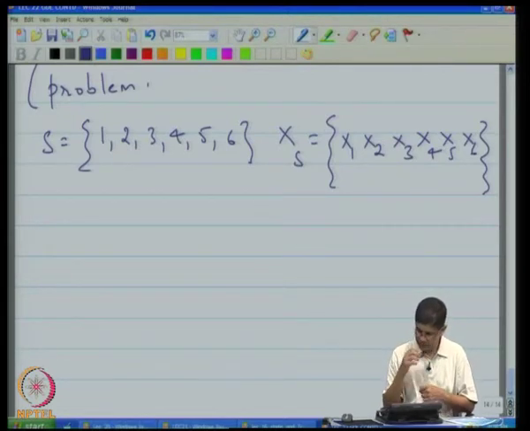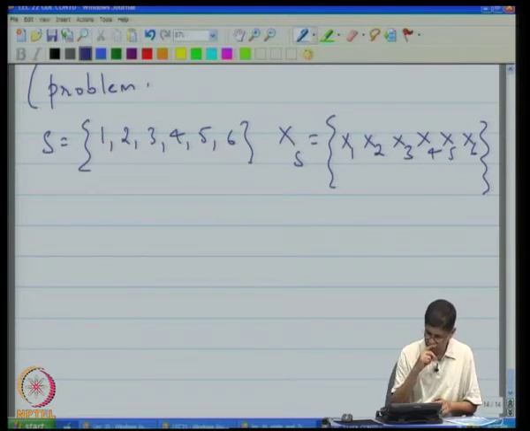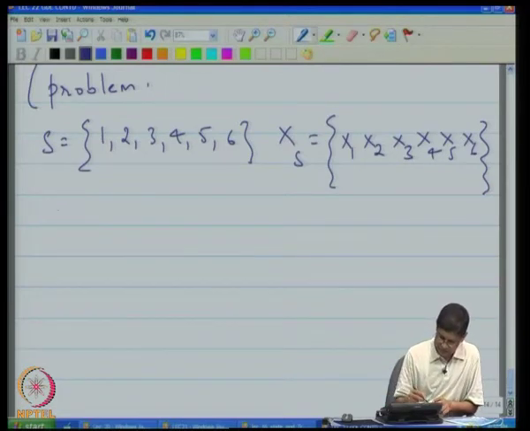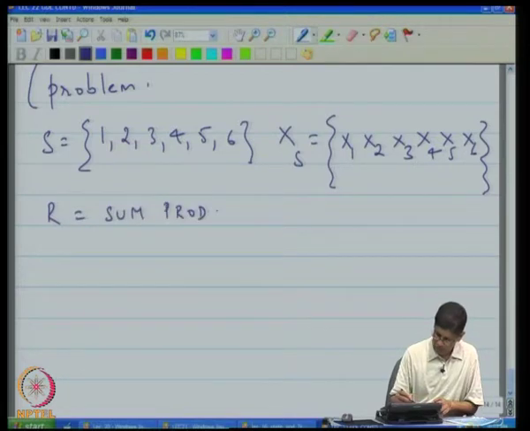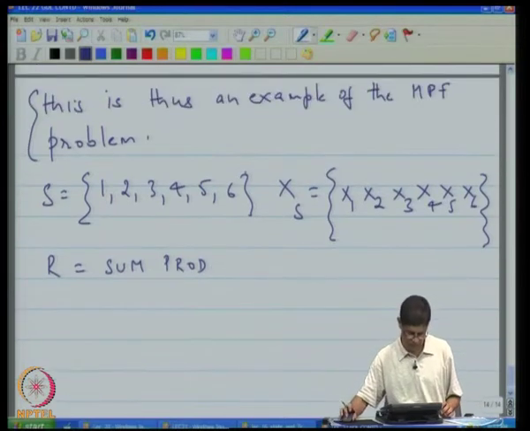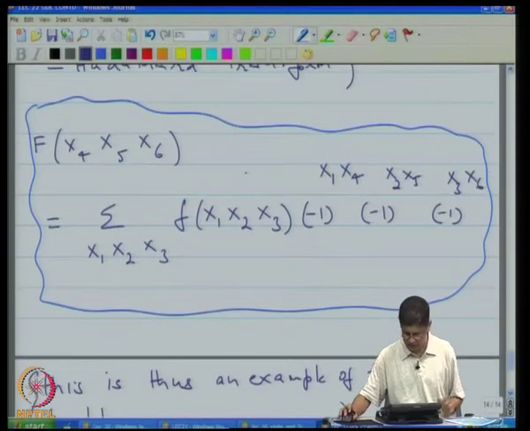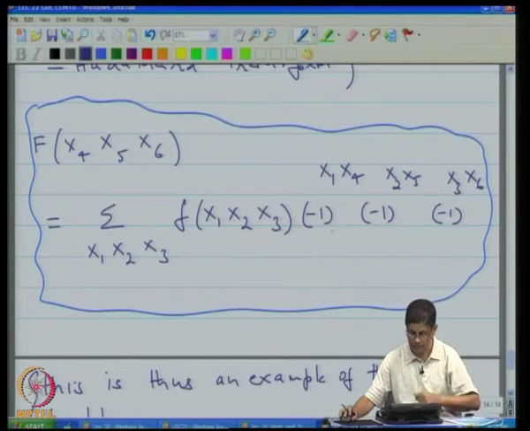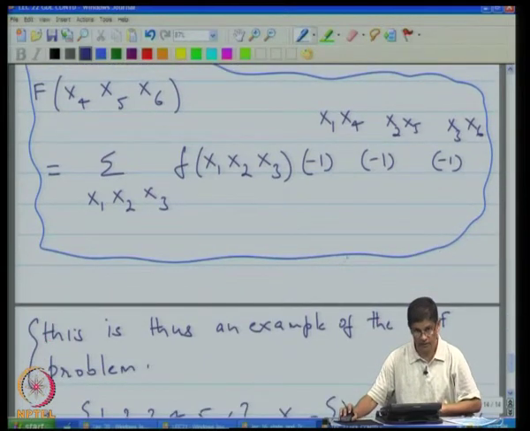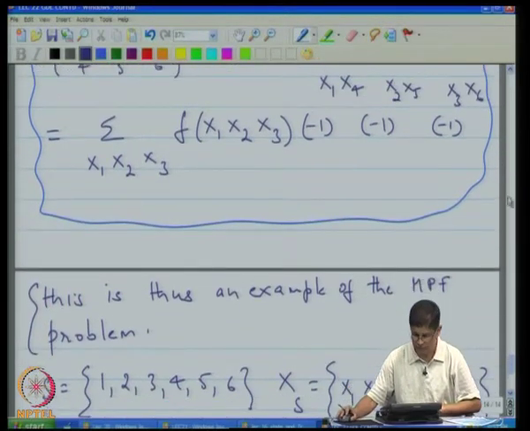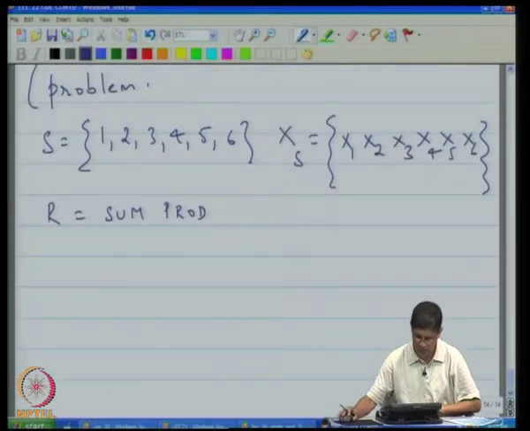The semiring: I have to be a little bit careful here. This is not quite the sum product semiring, because the values can take on negative values.